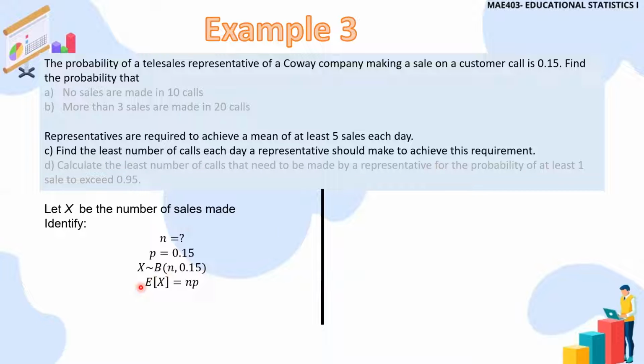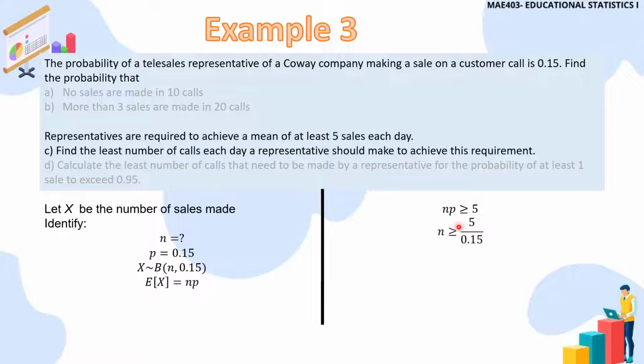So we know that the mean of binomial is n multiplied by p. Here, the question has stated that the representatives are required to achieve a mean of at least 5 sales. Therefore, the mean is greater than or equal to 5.